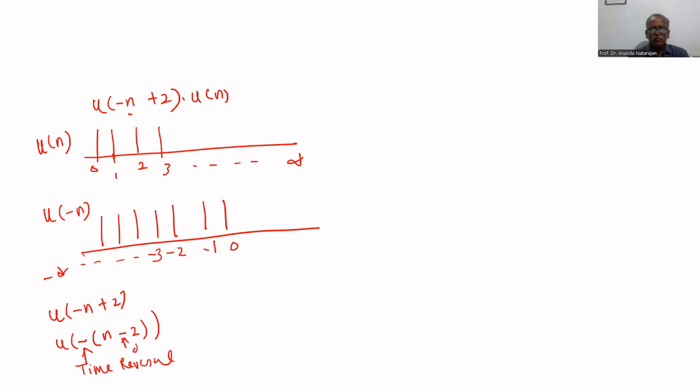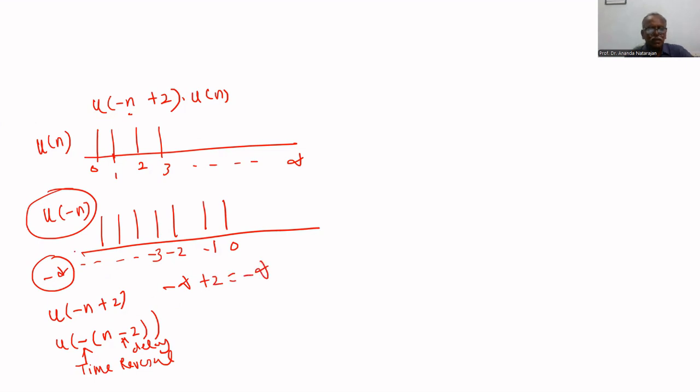This is delay. So already we got time reversal. Now we have to make a delay of 2. It should shift; minus infinity should shift 2 points to its right. So minus infinity plus 2 equals minus infinity.